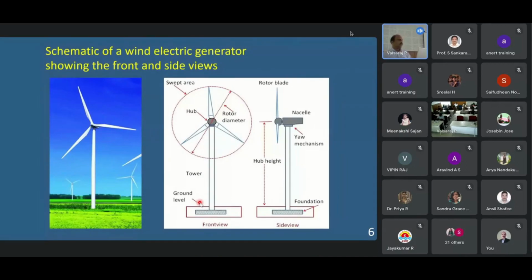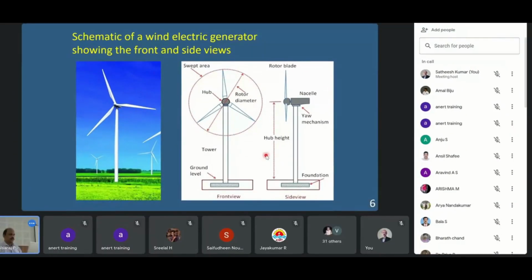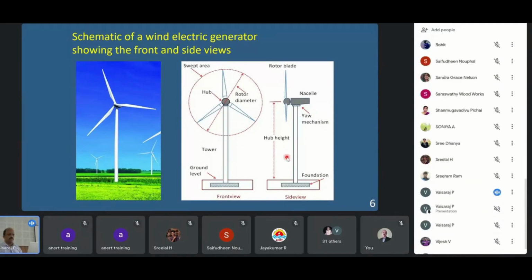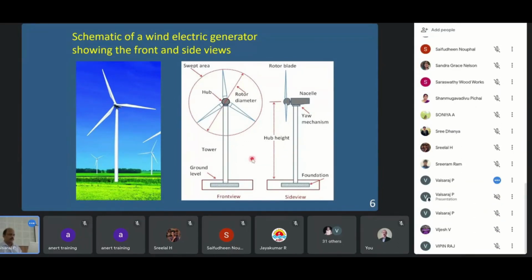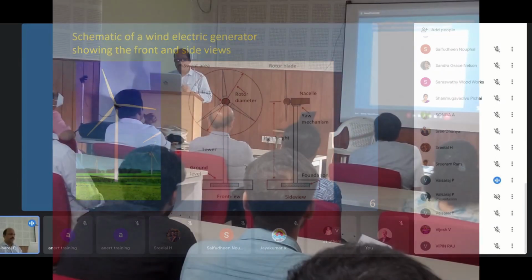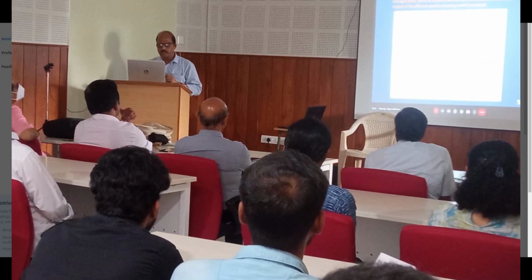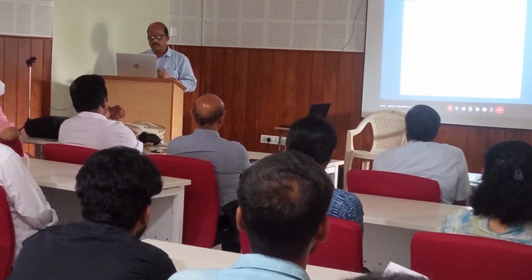Now, how the wind electric generator, or usually called wind turbine, works. This gives you a picture regarding the engineering aspects. See, this gives the front view and this gives the side view. The wind, while blowing through the wind blades, the kinetic energy will be transferred to the blades.